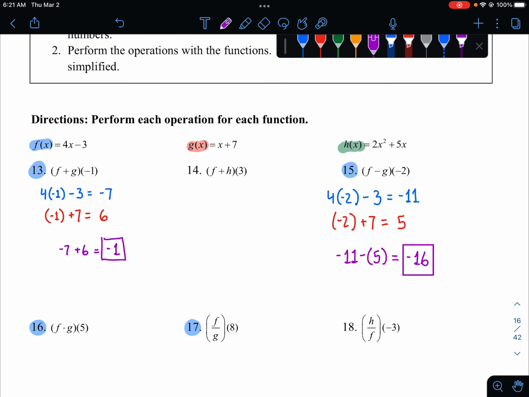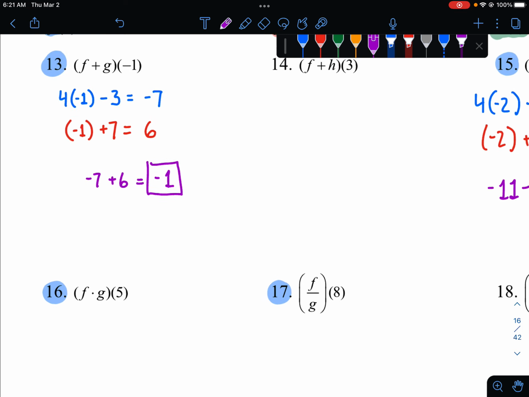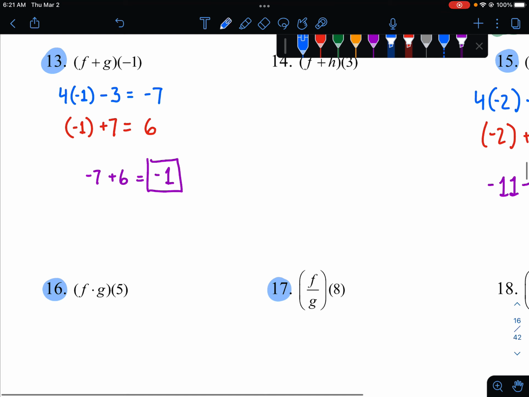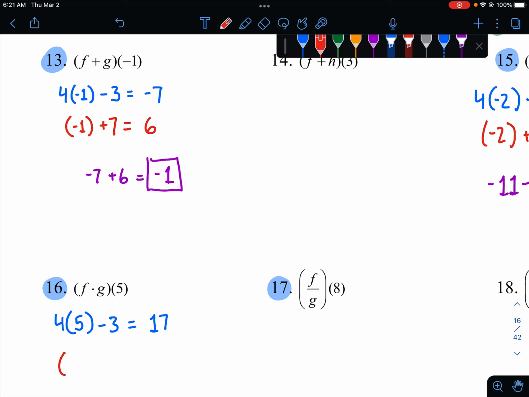And then we'll just look at a multiplication one because we haven't really looked at a ton of multiplication ones. So we're doing f times g of 5, right? So that means you do 4 times 5 minus 3. So that's going to be 17. And then we have g, which is x plus 7. And that is going to be 12.